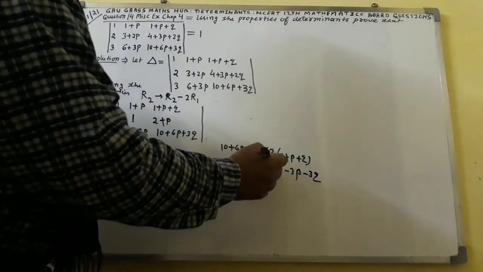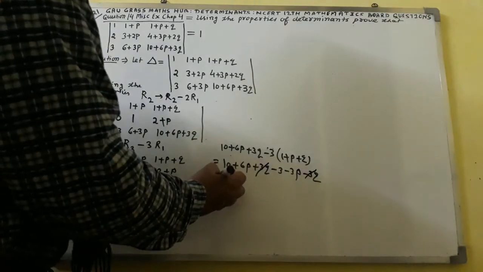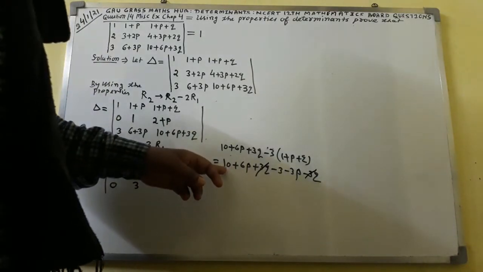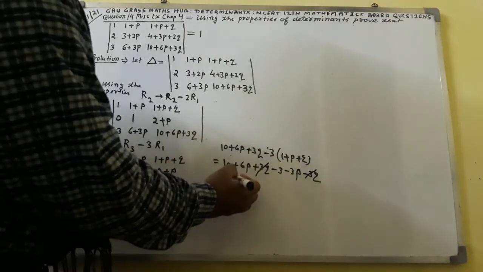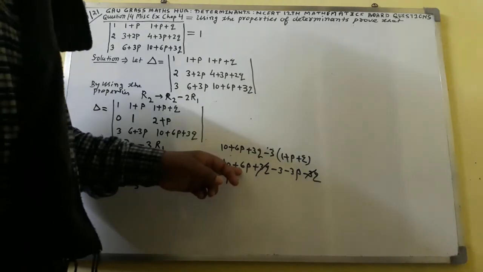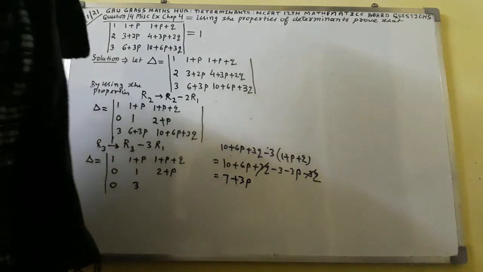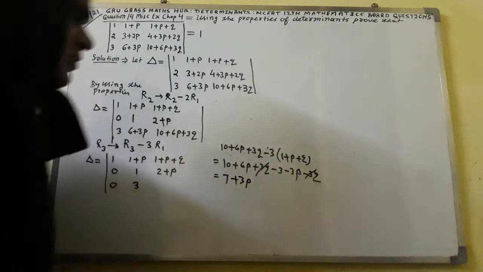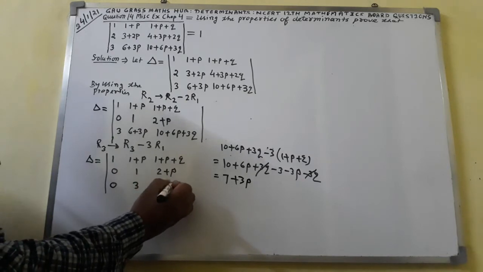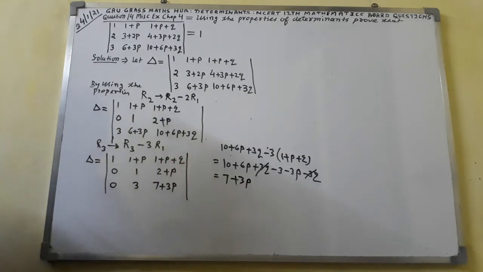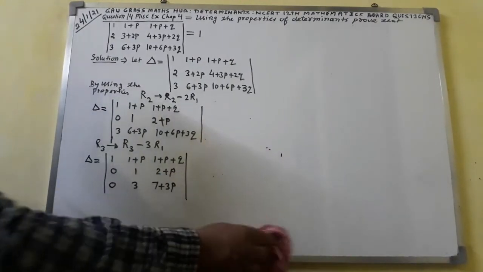Here plus 3 cube minus 3 cube will cancel out, and also here you will get 10 minus 3 comes out to 7, plus 6p minus 3p comes out to 3p. So here write 7 plus 3p. This thing you have got.